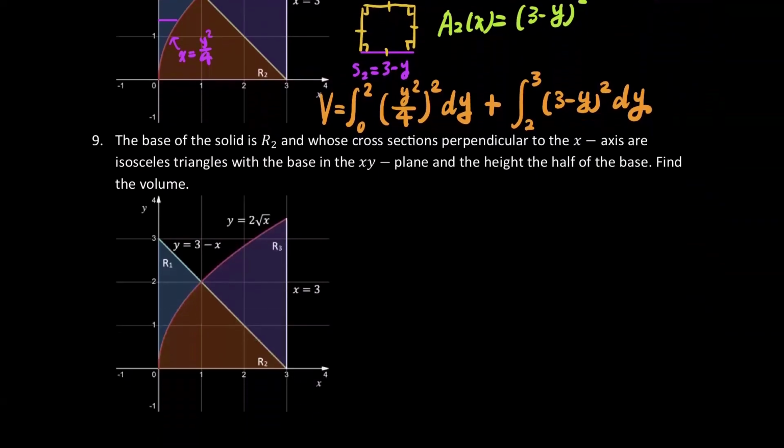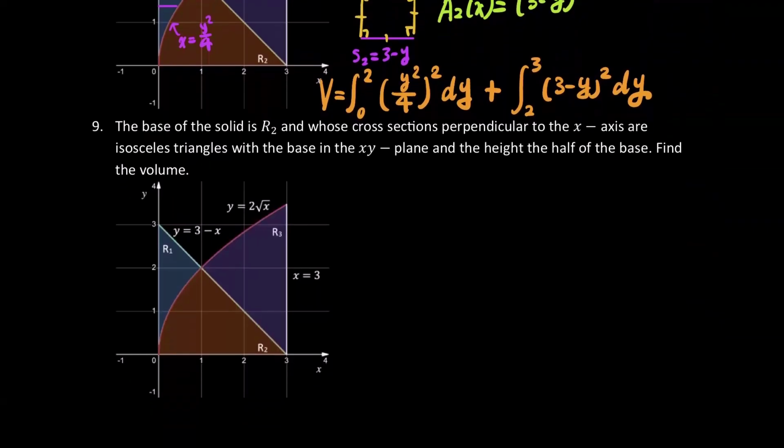Number 9, this time the base is region number 2, and so perpendicular to the x-axis. They're isosceles triangles with the base in the xy plane and the height, the half of the base. Find the volume.